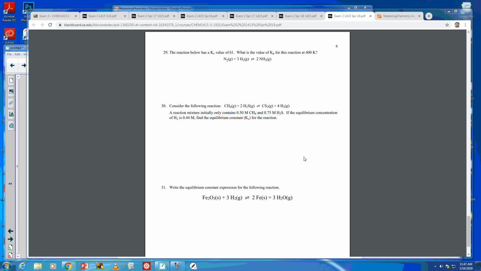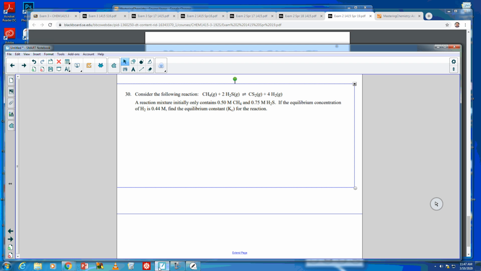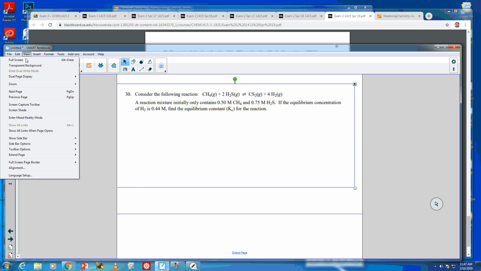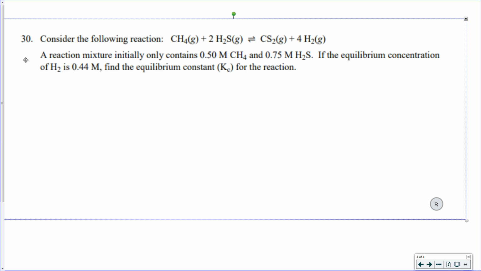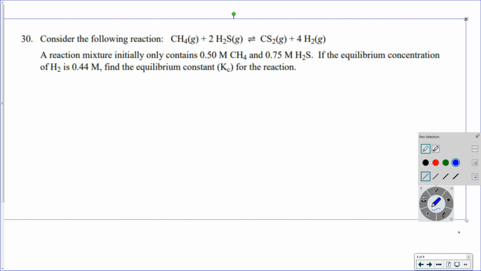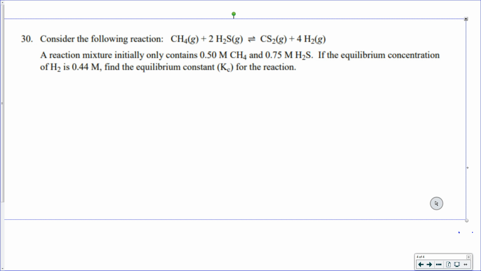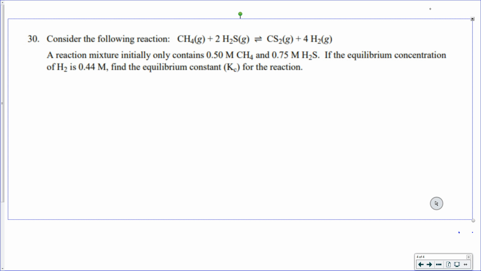It's writing out the K expression, but we can do that next. Oh no, I was saying it's 30 of the ice problems. 30, yes. Sorry, I'm hearing 31 for some reason, and I'm admittedly deaf. Trying to get that unhighlighted. And successfully, I'll leave it highlighted.